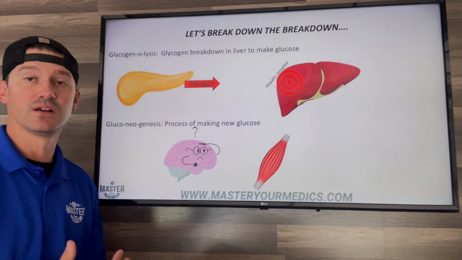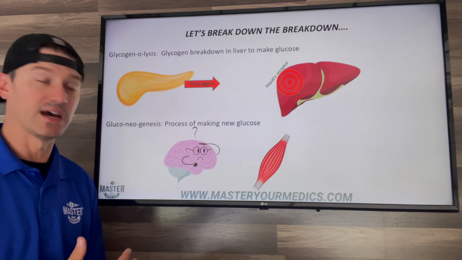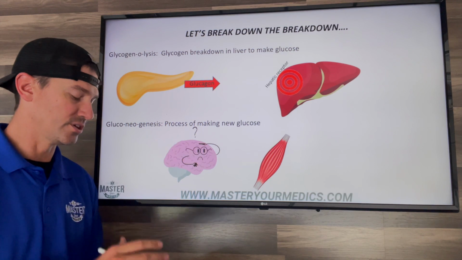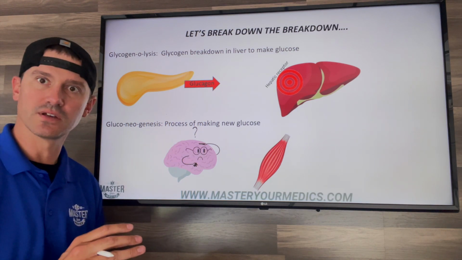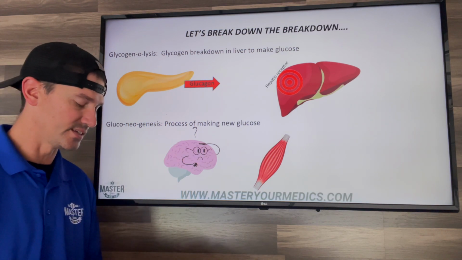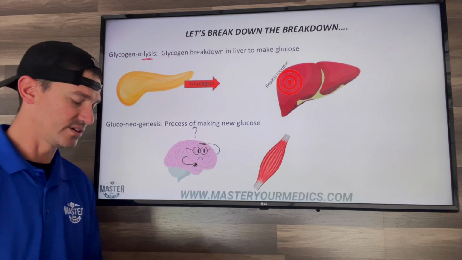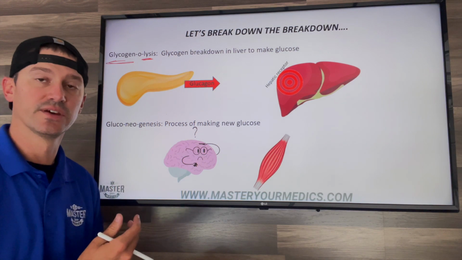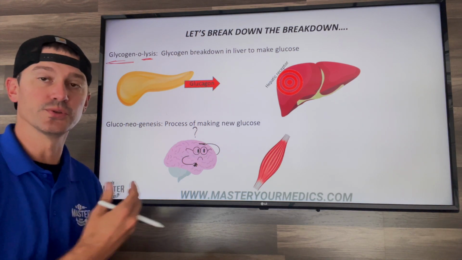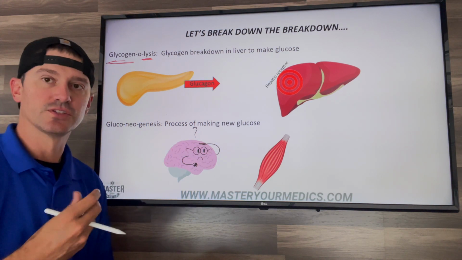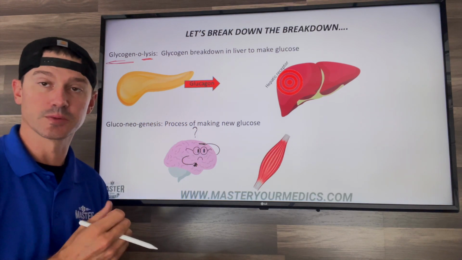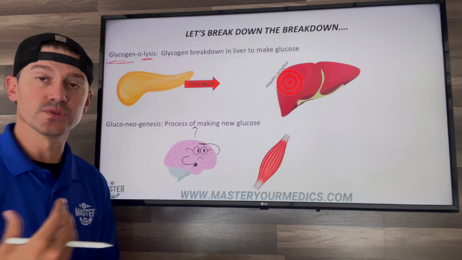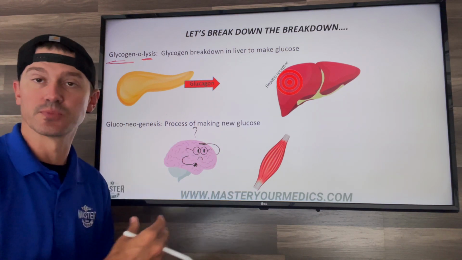Next term, and I'm terrible at pronouncing these, glycogenolysis. Basically, that is the breakdown of glycogen. So glycogen is broken down from the liver to produce glucose. We know that the pancreas is responsible for releasing insulin so that glucose can get into the cell, be metabolized, transported, and all that.